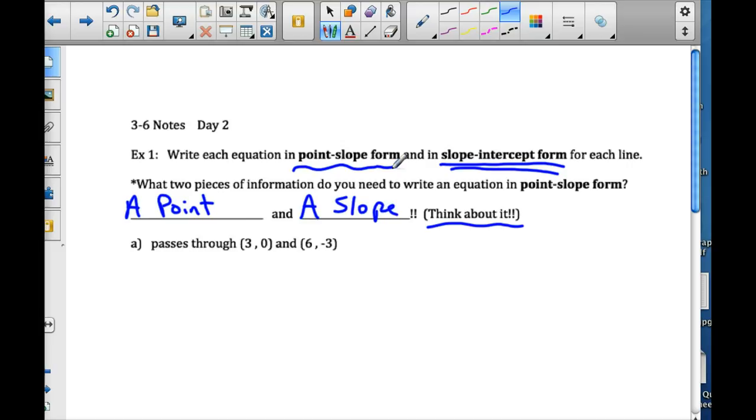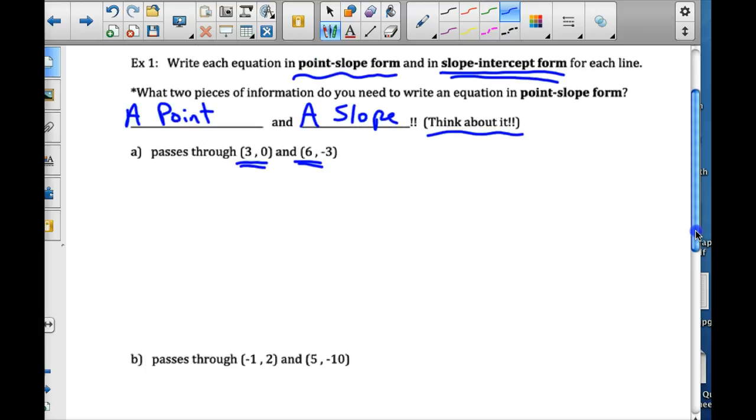Okay? Remember, we're given 2 points here. We can find the slope. Maybe at the top, guys, jot down that slope formula: y1 minus y2 over x1 minus x2. So, we have to do something first before we can write the point-slope form, and that is to find the slope. So, everybody find the slope. Go.